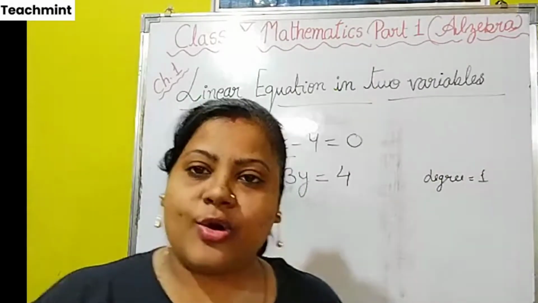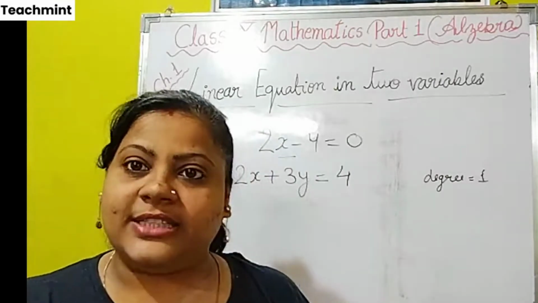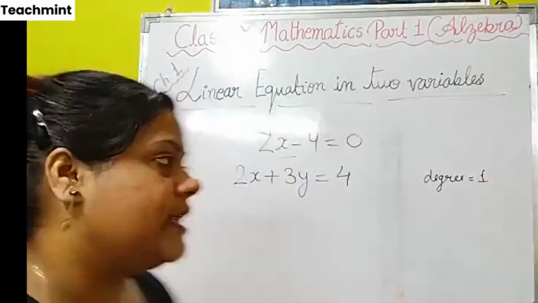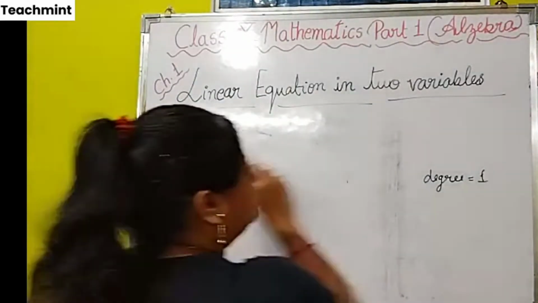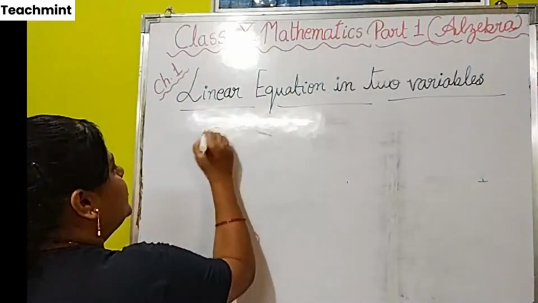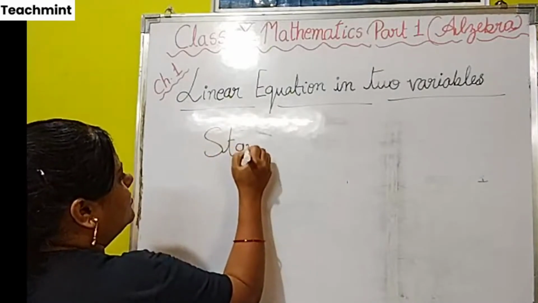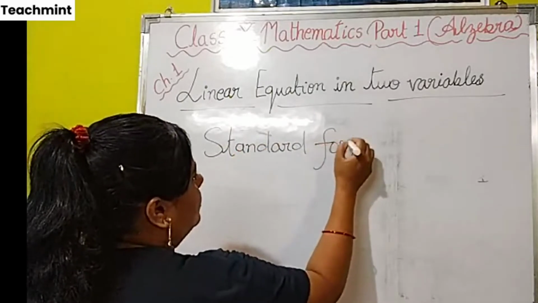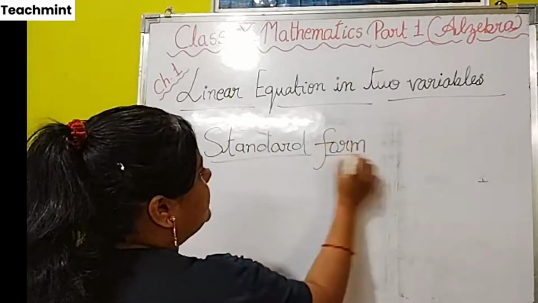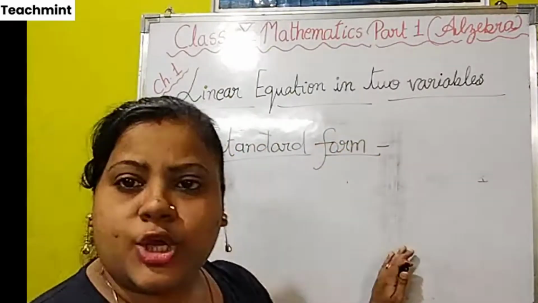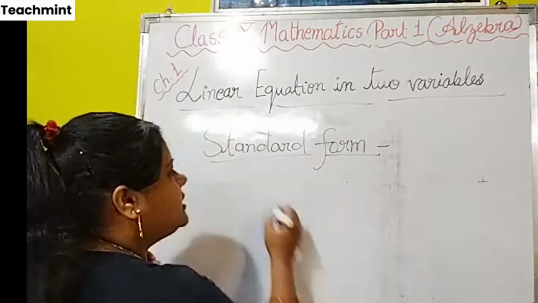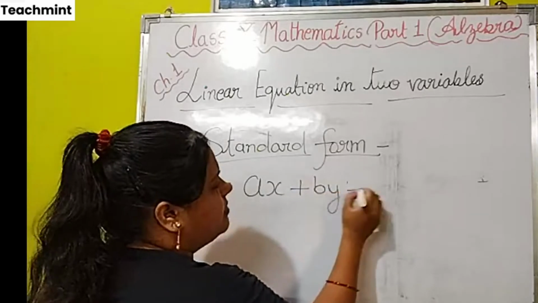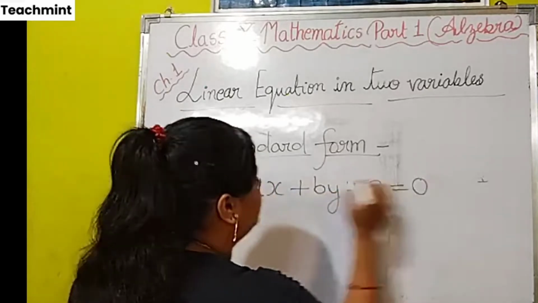Okay. So now quickly I am going to start the chapter. The first thing you have to study is the standard form. What is the standard form of a linear equation in 2 variables? The standard form is ax plus by plus c equals to 0.